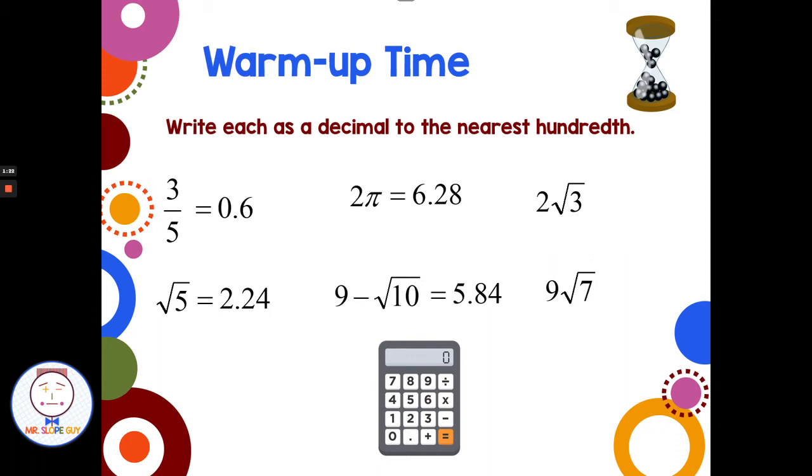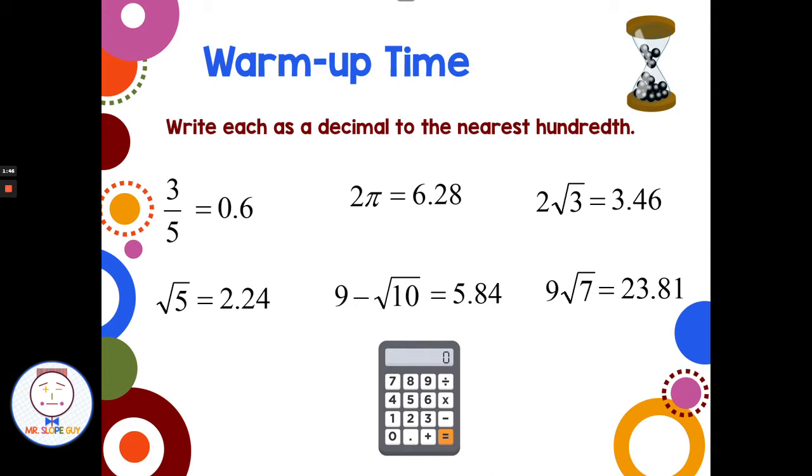I could put that in my calculator as the square root of 3, and then that number times 2 to get 3.46. Same thing on the one below it. Do the square root of 7, get your decimal, then multiply by 9, and we're going to get 23 and 81 hundredths for those.